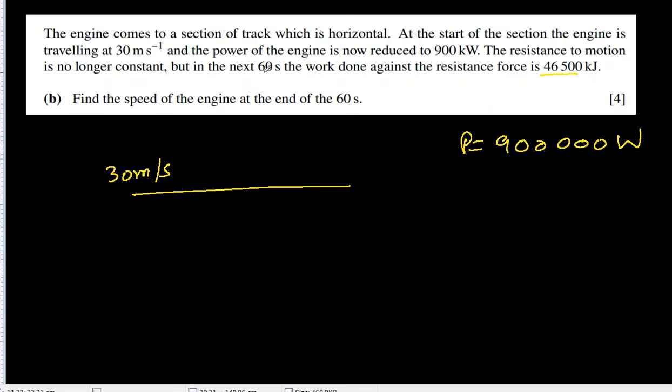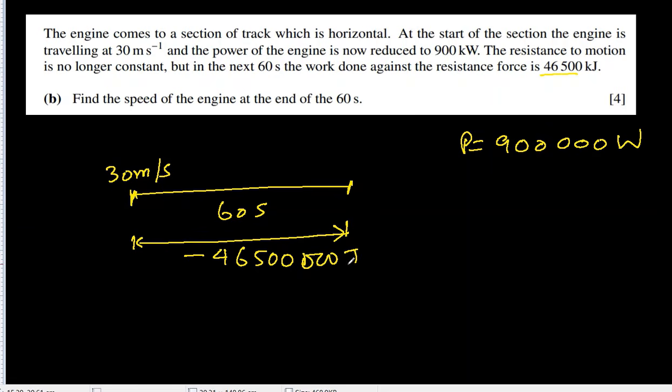But in the next 60 seconds, work done against the resistance is minus 46,500 kilojoules. Find the speed of the engine at the end of 60 seconds. Means what is the speed here?